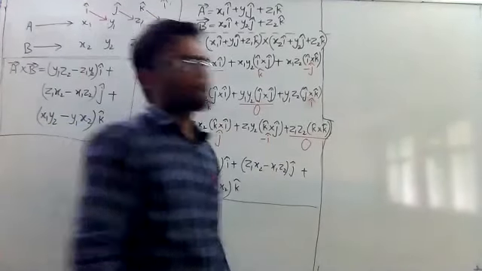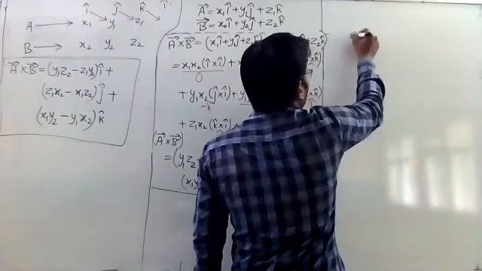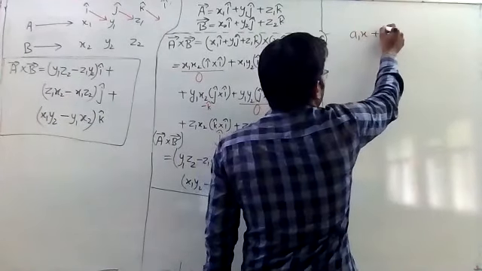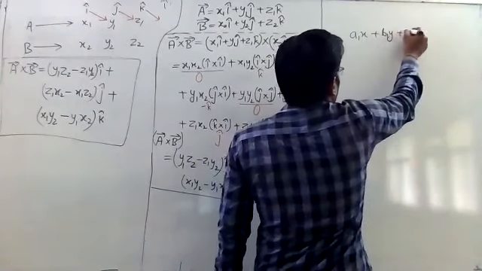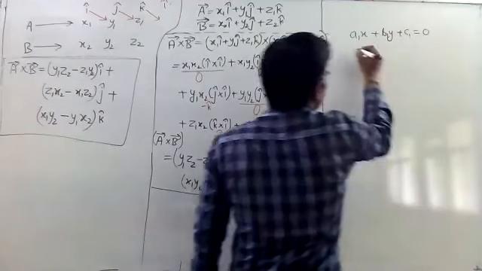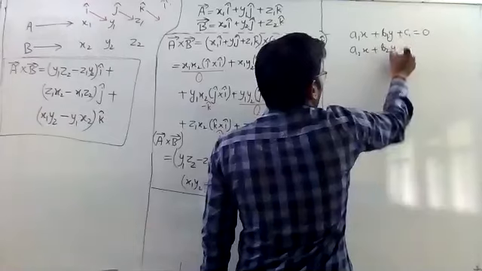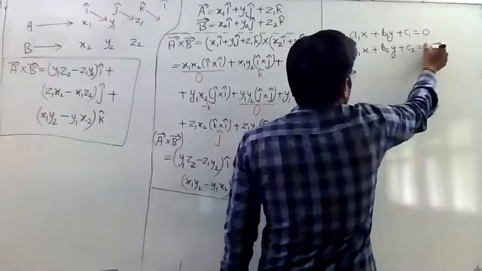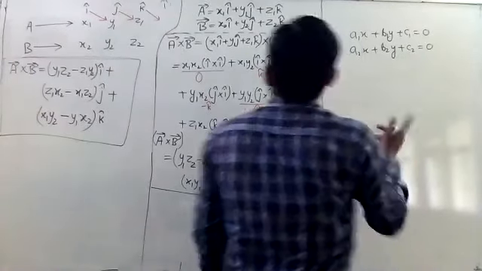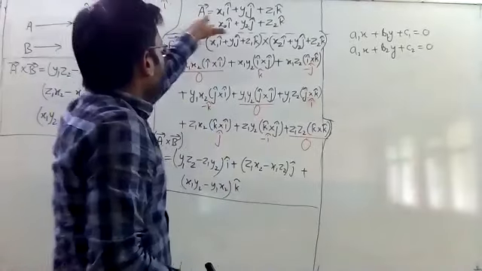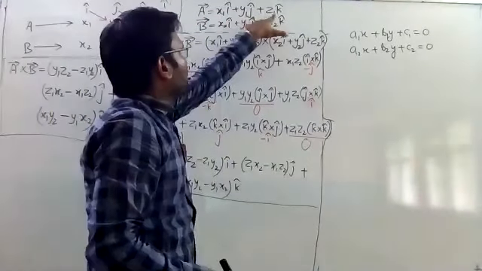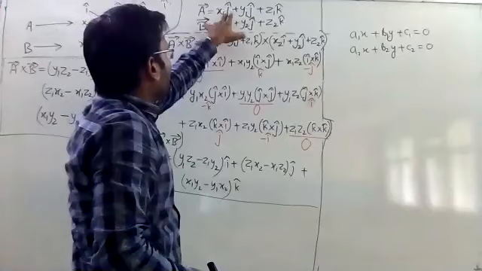Do you remember that? Suppose I have an equation a1x plus b1y plus c1 equal to 0, and the second equation is a2x plus b2y plus c2 equal to 0. Here I had x1 i cap, y1 j cap, z1 k cap. So you took the coefficients of i, j, k.